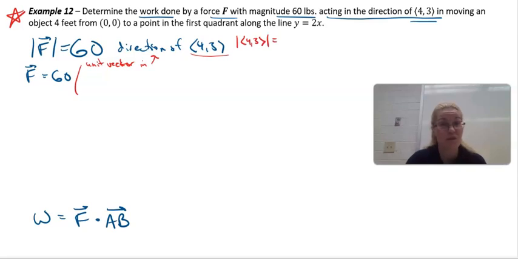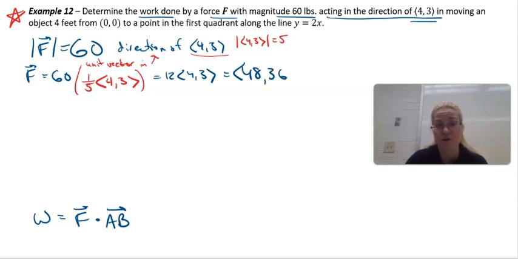Do we even need to do the Pythagorean theorem? 3, 4, 5, that magnitude is going to be 5. So it's 1/5 times 4, 3. So my force vector in component form, 1/5 of 60 is 12, times 4, 3. So my force vector is 48, 36.